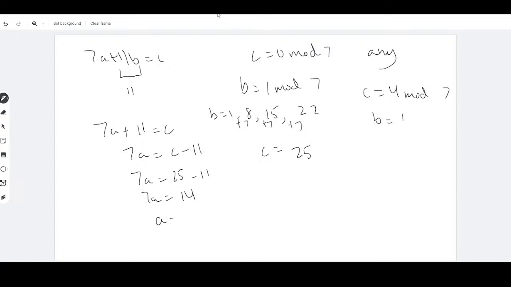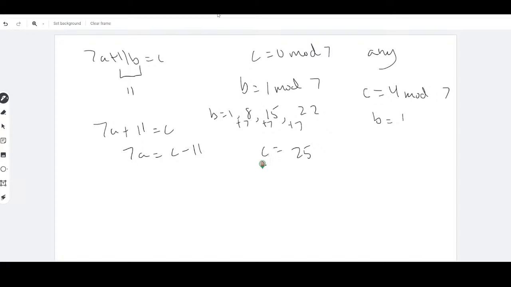But there's one exception here. Because a has to be a non-negative integer, a cannot be negative. So the only c that is 4 mod 7 that cannot work is 4.